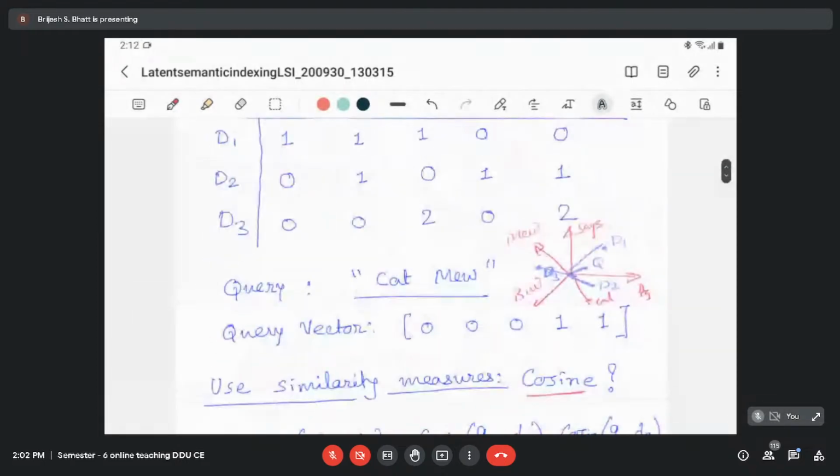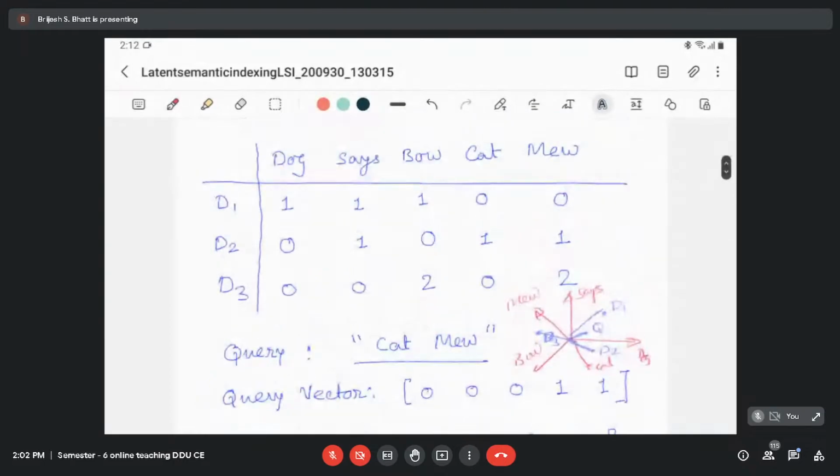So this is the setup, and of course, as I said, this is a very basic example. Nowadays the search has become much more sophisticated than this. But the problem that we want to discuss here is, as you can see, the number of columns is the size of the vocabulary of a language.